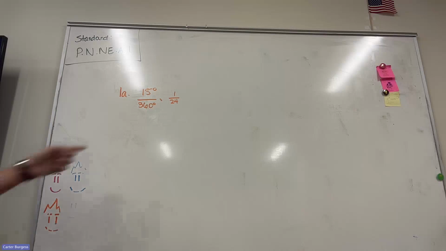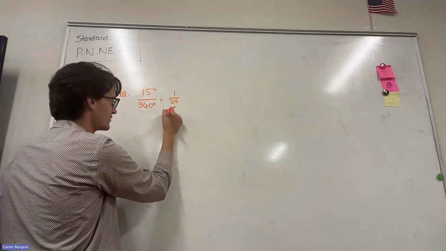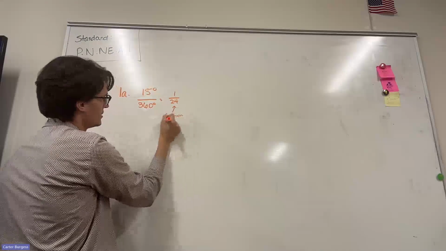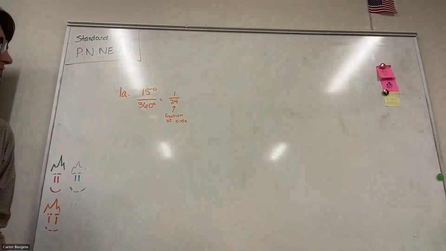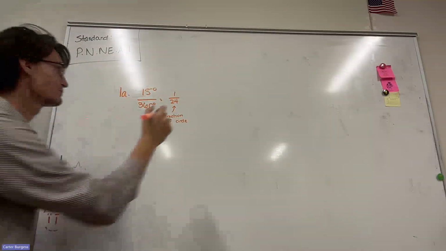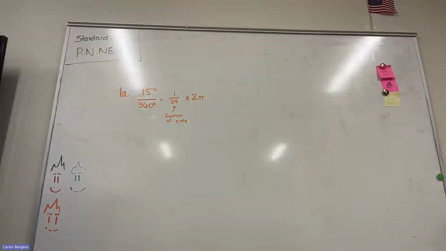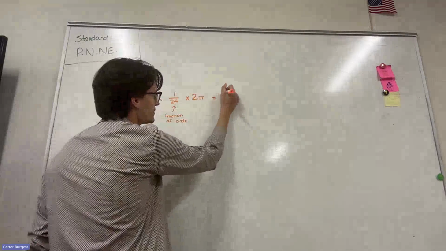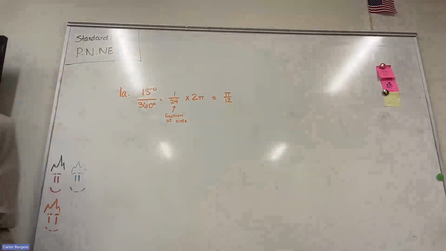Very good. And then what am I doing with my fraction here? This is my fraction of the circle. And what do I do with this? Multiply it by 2 pi. What is the new whole? And in this case, we get 2 pi over 24, but we'll simplify that down. That's going to be pi over 12.